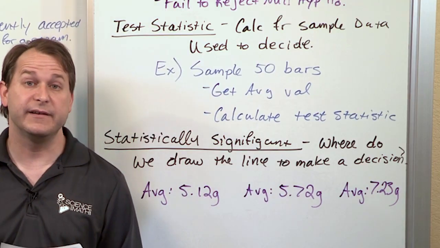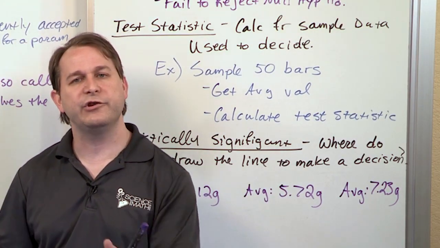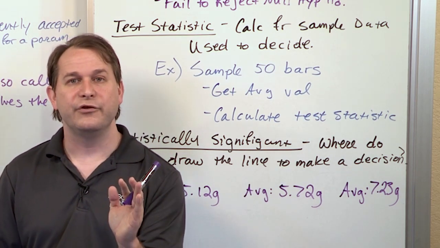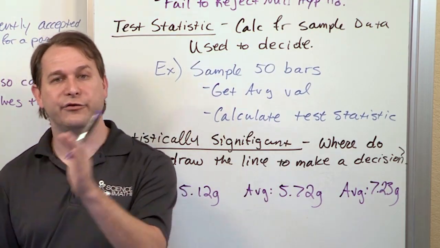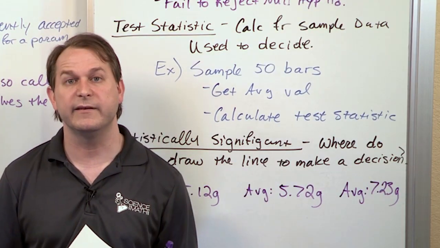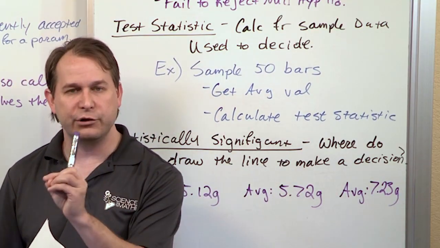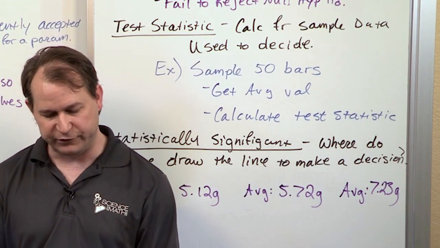That is what a hypothesis test does. A hypothesis test collects the data, puts it in an equation, you get a number back, and we're going to show you how to decide when that test statistic is too high or too low, and when you reject that null hypothesis and when you don't. So you don't have to guess. You look, you calculate, and you decide based on concrete boundaries.